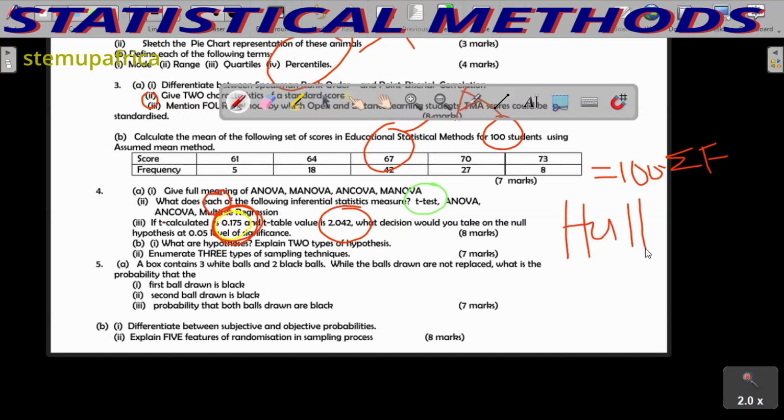We have two types of hypothesis: the null hypothesis and the alternative hypothesis. These things are very common in research. The hypothesis is a declarative statement to predict the relationship between two variables.